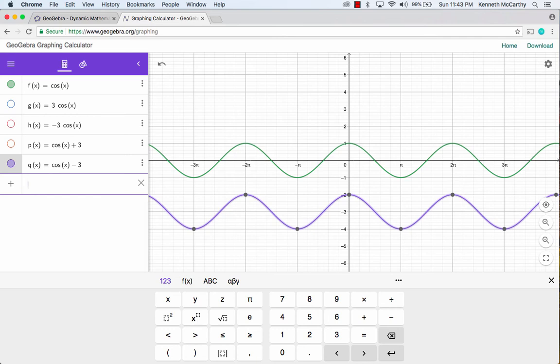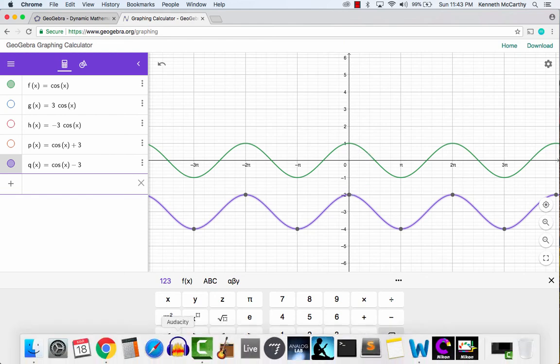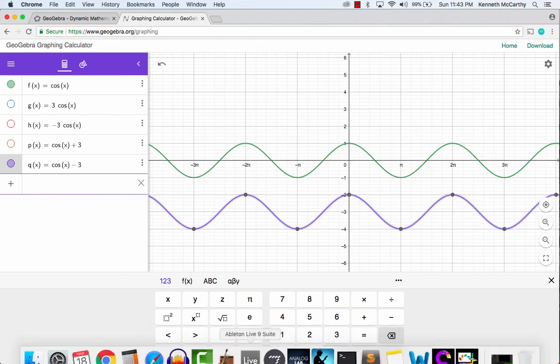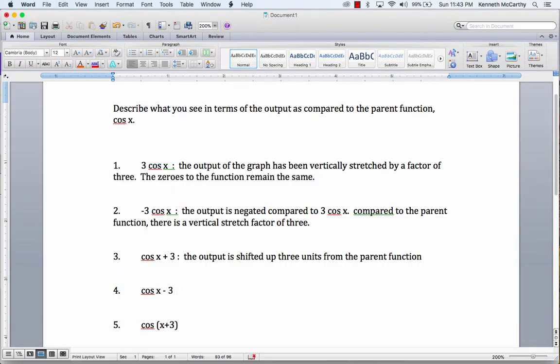So for the input, the output of the parent function at theta equals 0, 1, 2, 3. So this is a vertical shift down of 3 units. The output is shifted down 3 units from the parent function cosine of x.